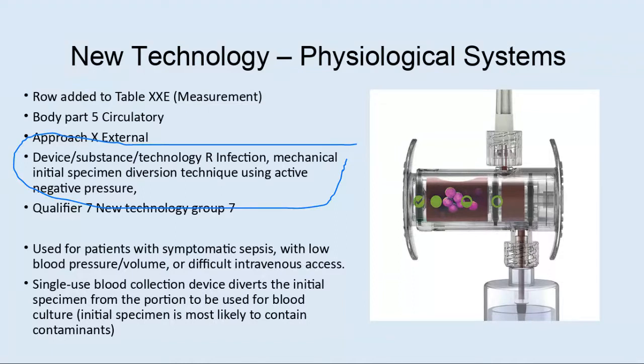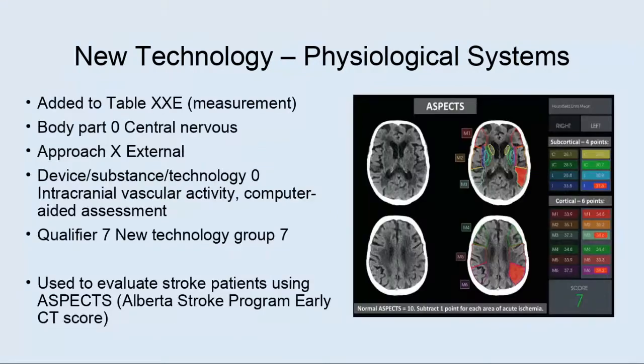So they get rid of that first section, which is more likely to be contaminated, and then look at the rest of it. Okay, so this is a single-use collection device. And so this part is gotten rid of, and they use this part, which is less likely to be contaminated.